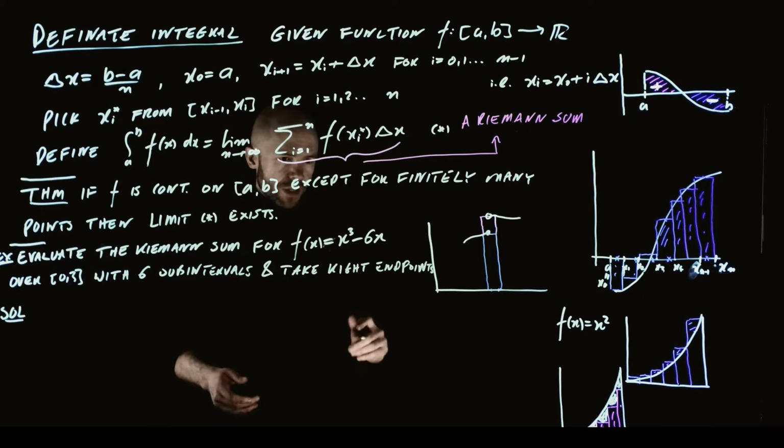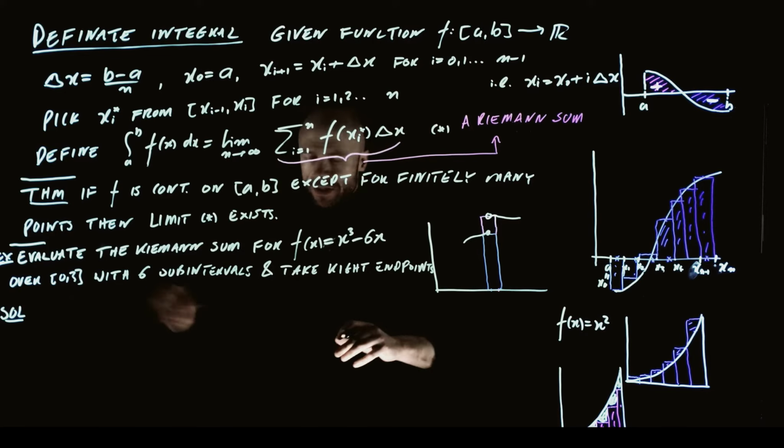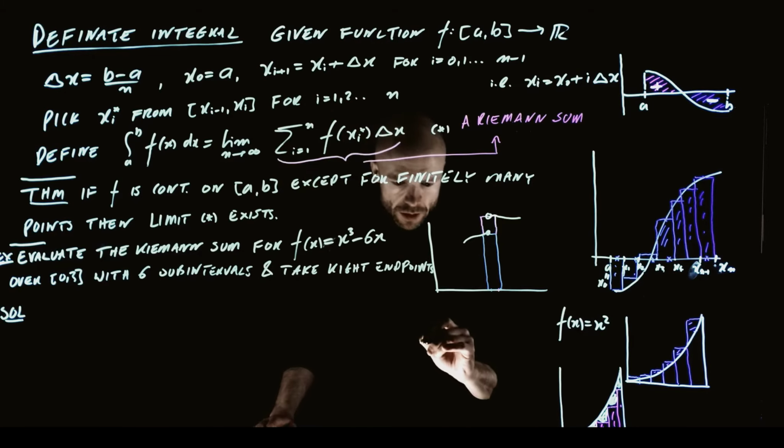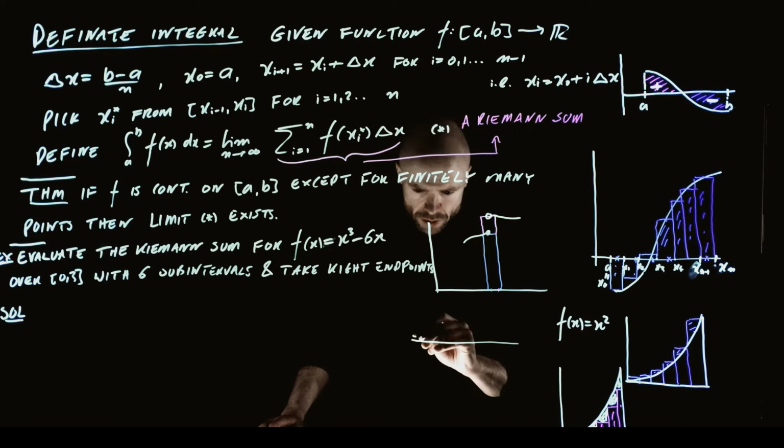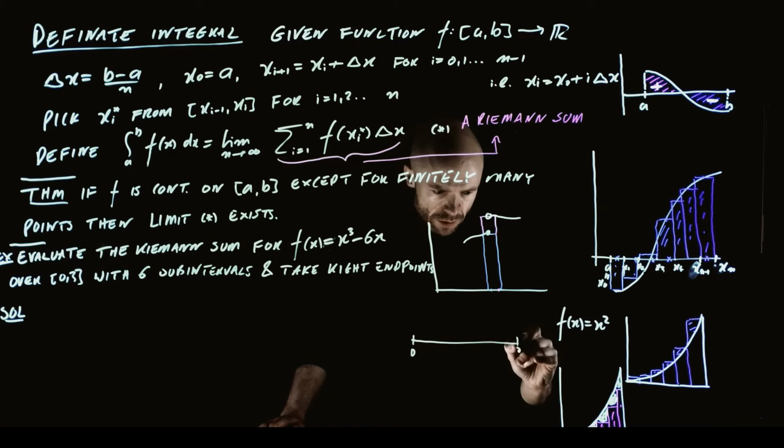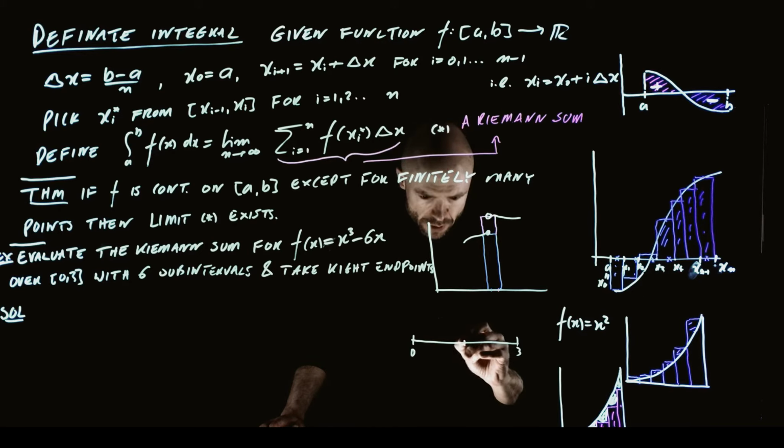So our first job is to look at this interval 0 to 3 and cut it up into 6 pieces. So let's draw a little picture for that. So this is 0 to 3. We cut it up into 6 pieces. Did that not so well.